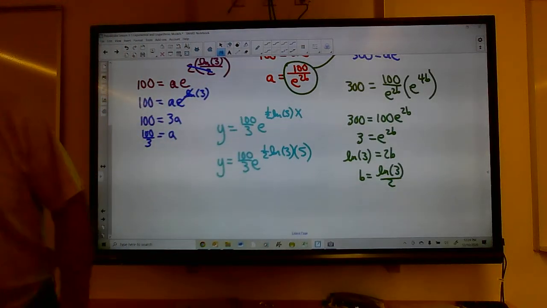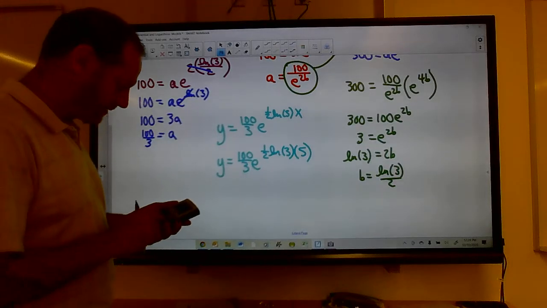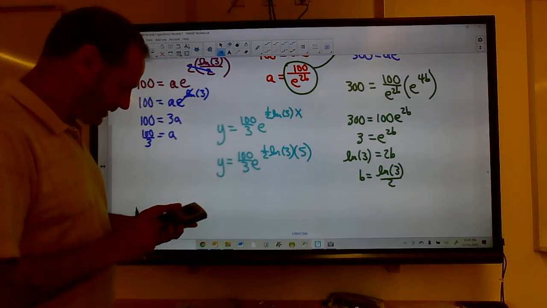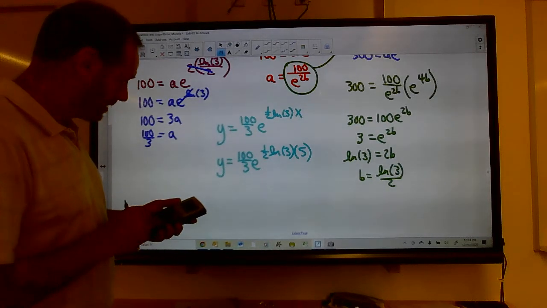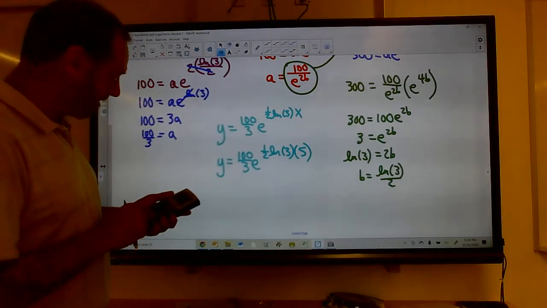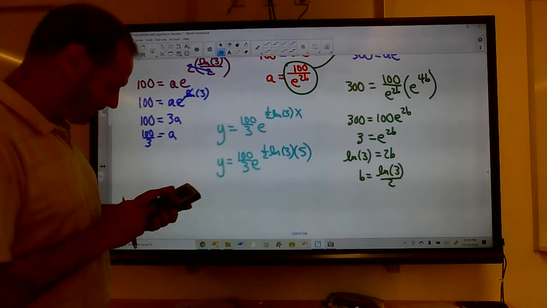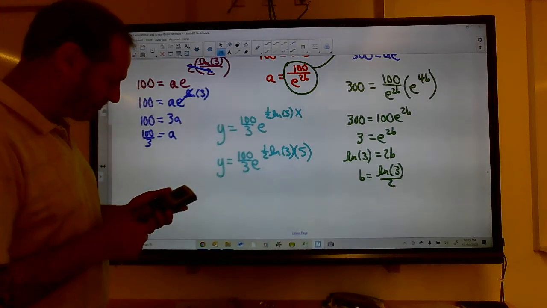All right, so at this point I get out my handy-dandy TI-84 Plus C Silver Edition graphing calculator. I put 100 divided by 3 in parentheses times e to the 0.5 times natural log of 3, close the parentheses, times 5 power.